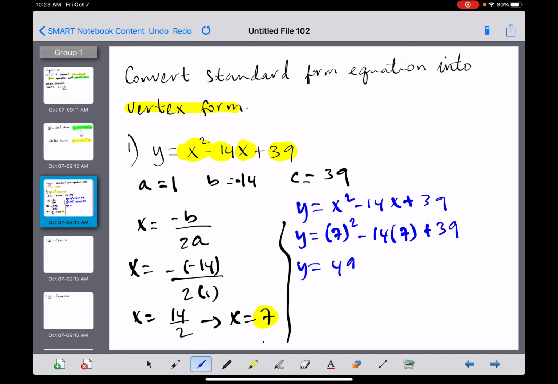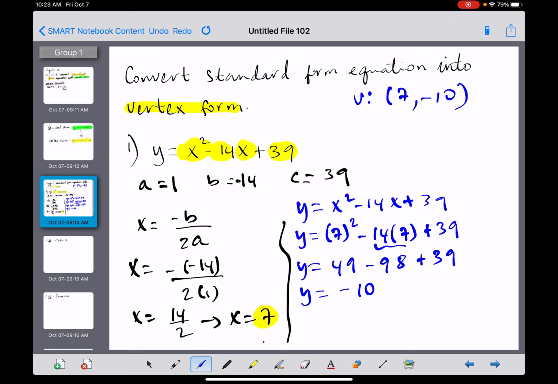So that's 49, and that's going to give me minus 98 plus 39. So y is equal to negative 10. Okay, so my vertex is at 7 comma negative 10.